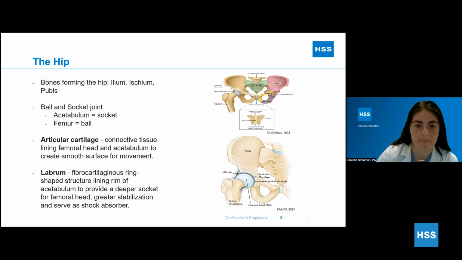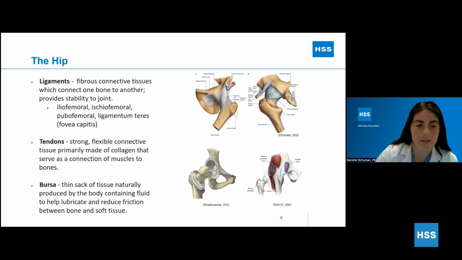Ligaments are fibrous connective tissues which connect one bone to another, as well as provide stability to a joint. There's 3 major ligaments that form the hip capsule. It includes the iliofemoral, pubofemoral, and ischiofemoral ligaments. The spiral fashion by which the ligaments are organized serve to prevent the hip from hyperextension or dislocation.